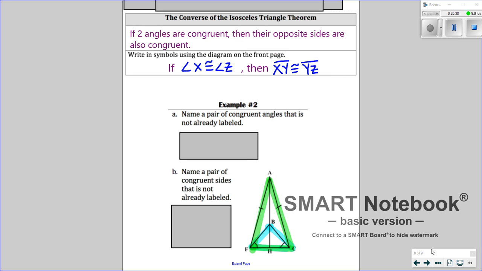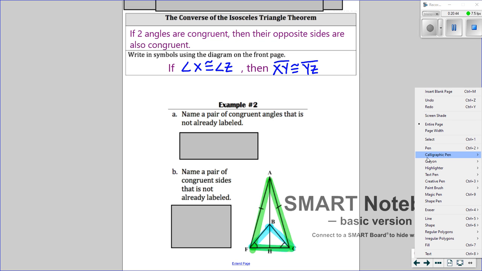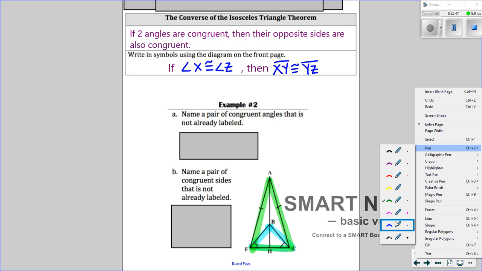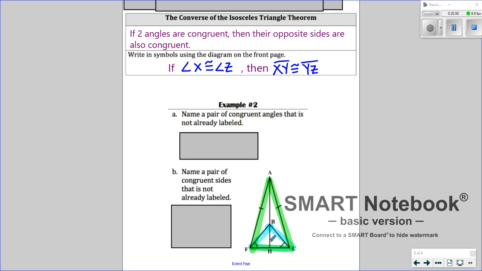So we need to name a pair of congruent angles that is not already labeled. So if you look at it, I'm going to use the blue first. Looking at this triangle, two angles that are congruent, I would say these two, and also for the green triangle, I would mention this and this, so angle ACH or ACF and AFC are congruent.